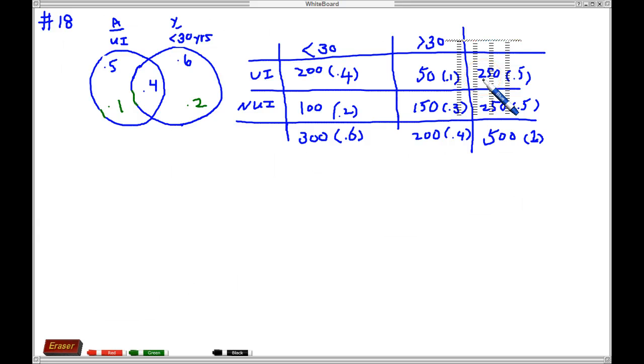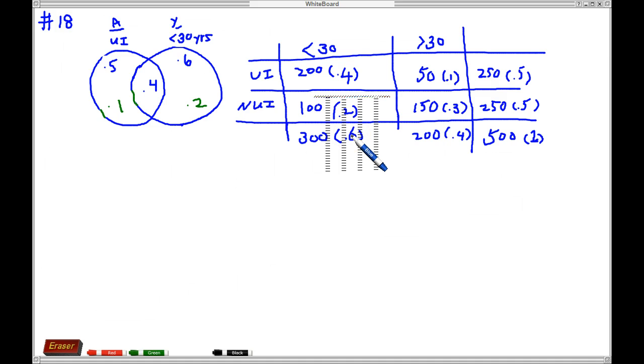Question number D, what's the probability that a driver is under the influence of alcohol if we know the driver is under 30 years old? In that case, 0.4 out of 0.6, so I came up with 0.667.